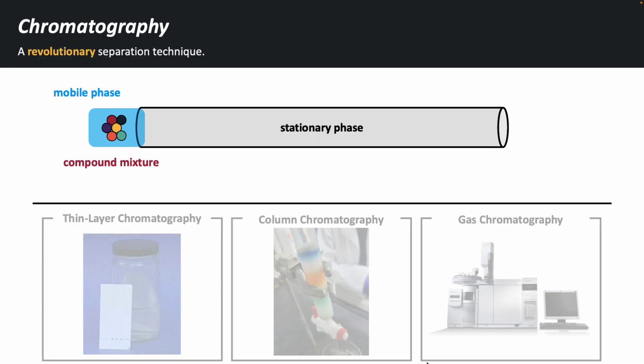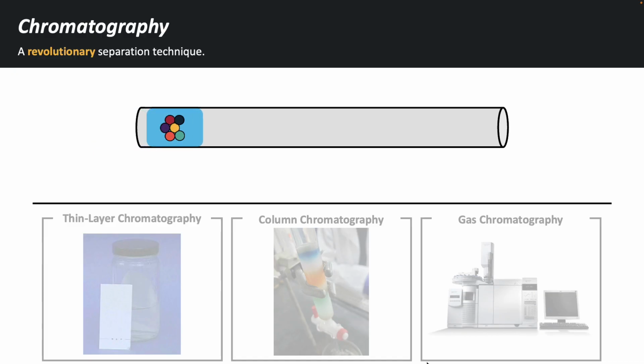So that mobile phase will carry the compound mixture down across the stationary phase. And as it moves down, different compounds will be attracted to the stationary phase more than others. So I almost think of it as a bus. They will get off at various points and then move more slowly than some of their counterparts, which are effectively carried further, faster down that stationary phase.